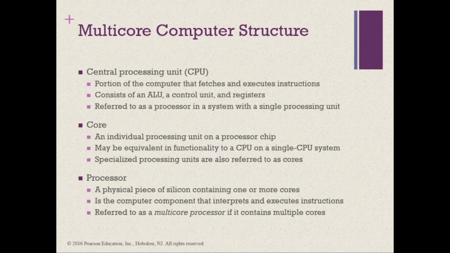To clarify the terminology, this text will use the following definitions. First, the central processing unit, or CPU, is that portion of a computer that fetches and executes instructions. It consists of an ALU, a control unit, and registers. In a system with a single processing unit, it is often simply referred to as a processor.